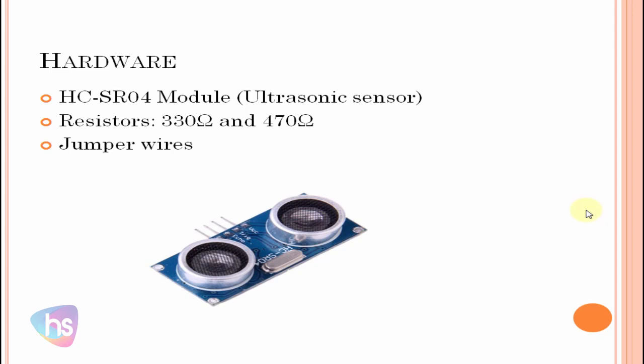Then a Raspberry Pi 2 or 3 plus; 3 plus is the latest as of this video, and we used the 3 plus device. And resistors of 330 ohms and 470 ohms, and jumper wires. I will show you the pictorial representation of the connectivity diagram, where you can find out how many wires are required, and based on that you can collect them.